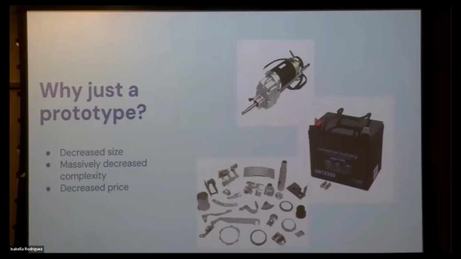If we were to implement an actual motor, battery, and a bigger chassis for an actual wheelchair, that would be more than double our current budget. The decreased size allows us to manage the complexity, and it decreases the price immensely. We'll talk about our budget and spending, but we're under budget. Keep in mind, only $200 to spend over these two semesters.